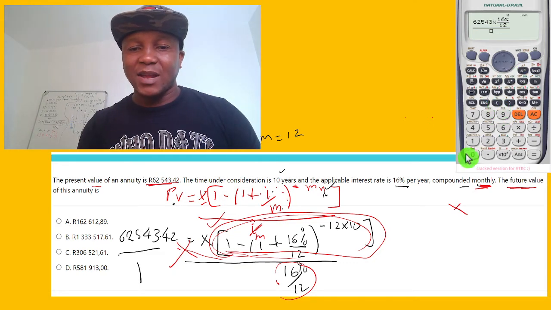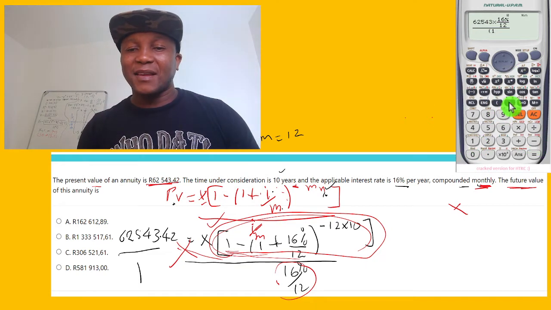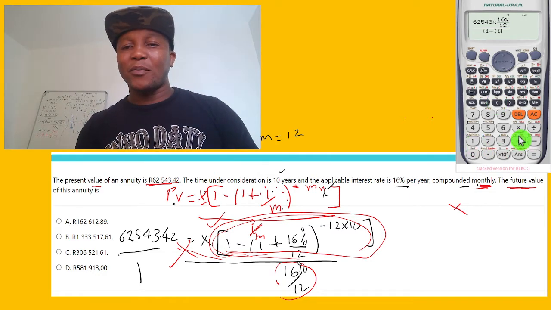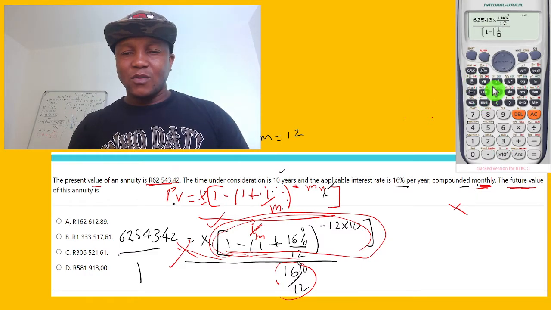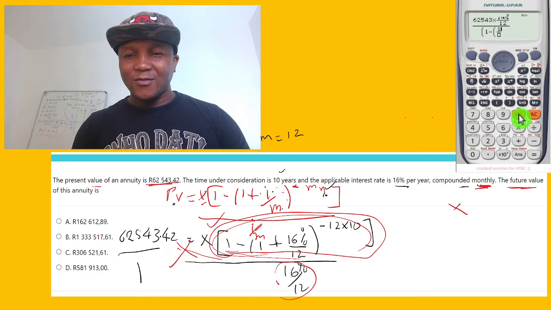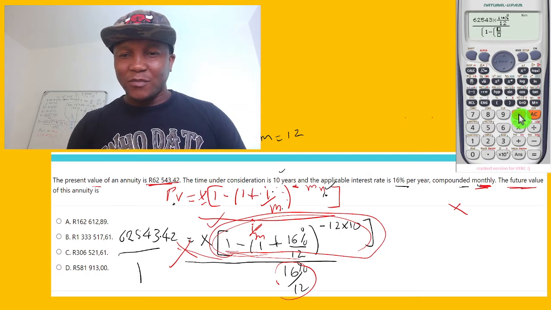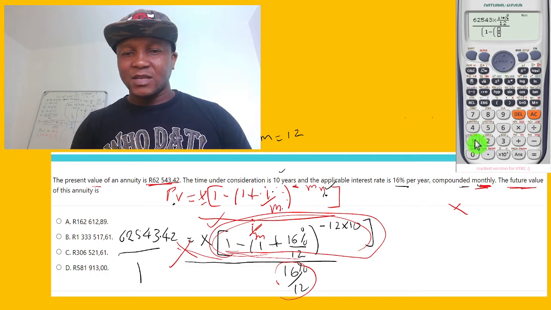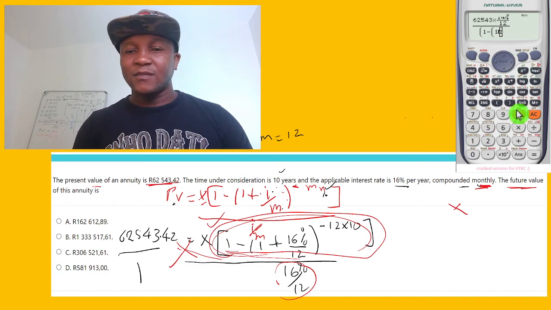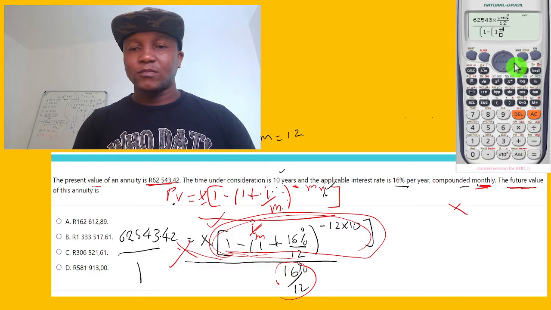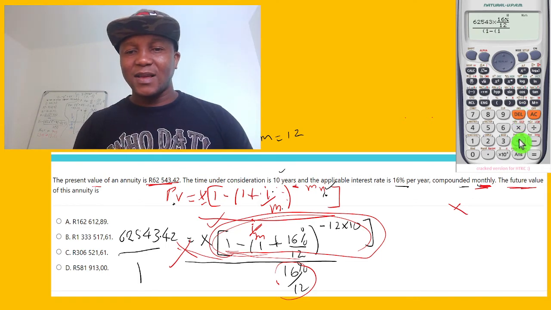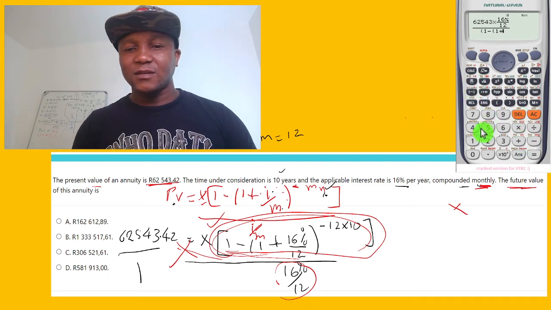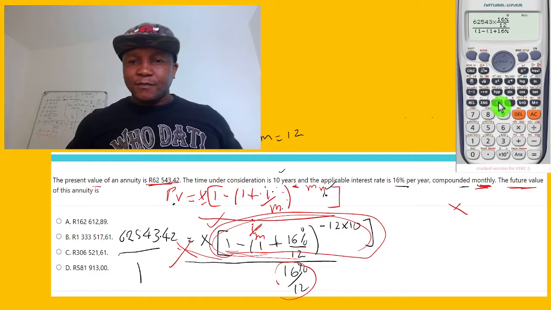So we're going to say bracket 1 minus bracket 1 plus, fraction, 16% over 12.